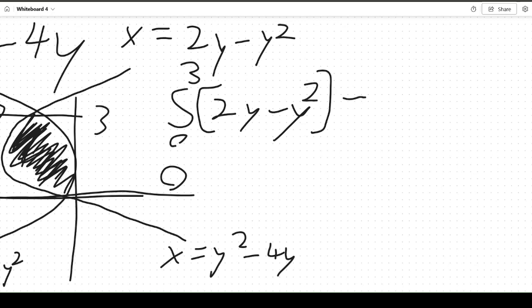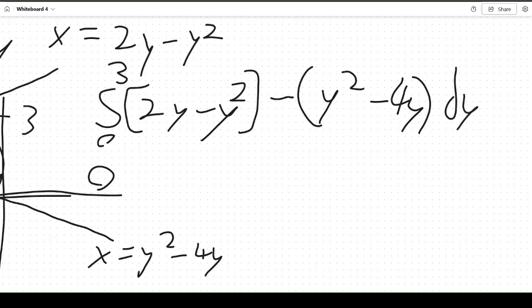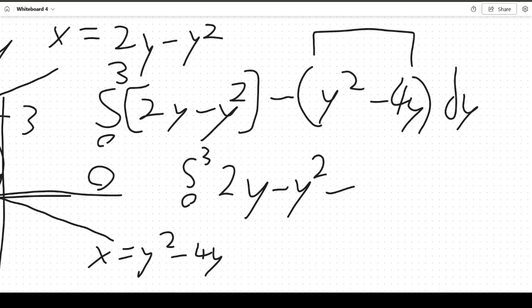Then we gotta subtract the left function. We can distribute the negative to this function, so it will be minus y squared, minus times minus equals positive, so positive 4y dy.